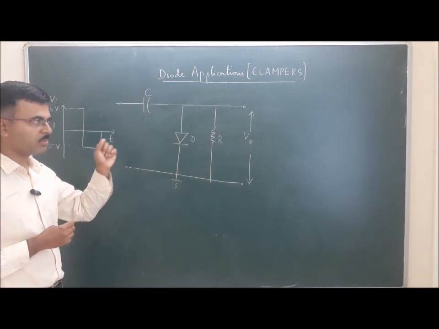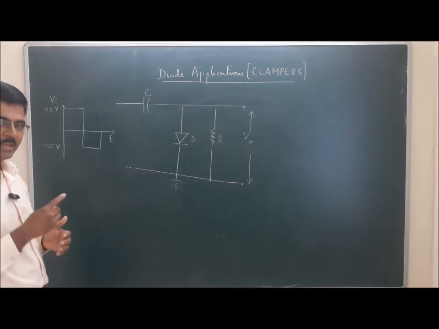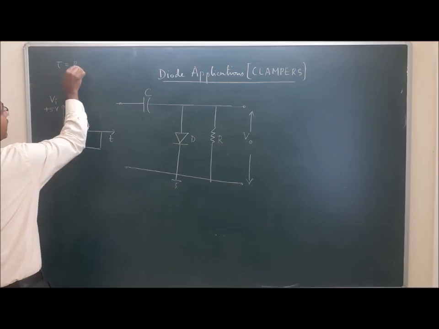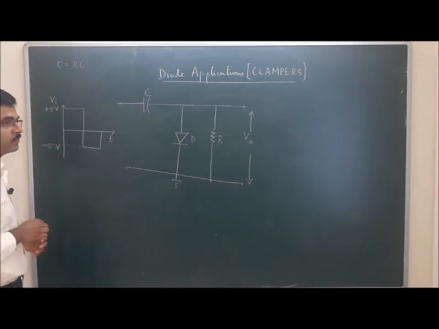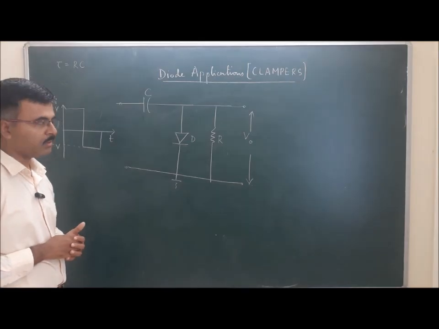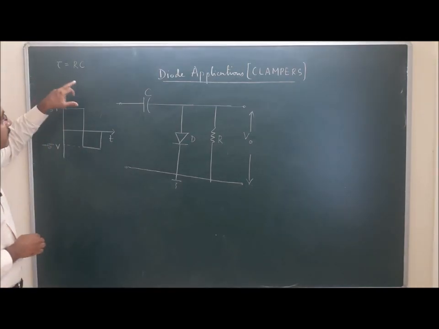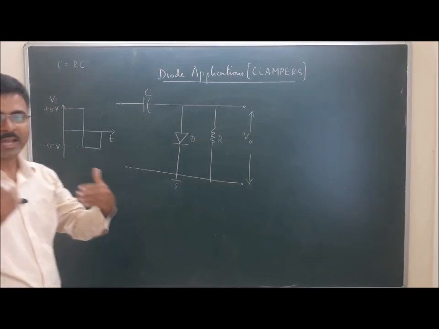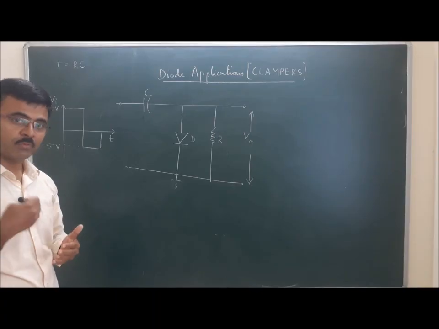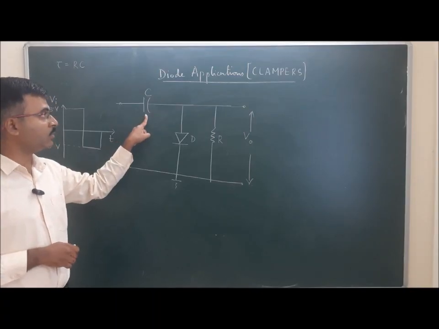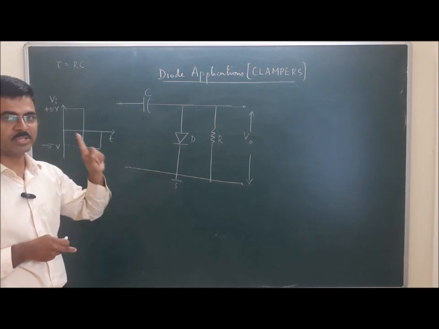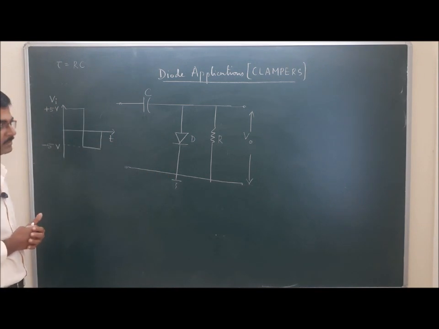We'll have to consider this point. The second point is related to the time constant, usually denoted as tau. The time constant tau is the product of R and C. We have to assume that the time constant tau is sufficiently large when compared to the discharging time of the capacitor when the diode is off. This condition should also be kept in mind.